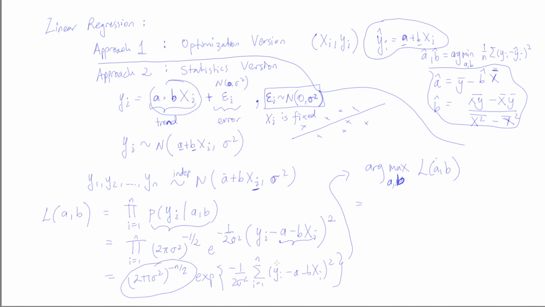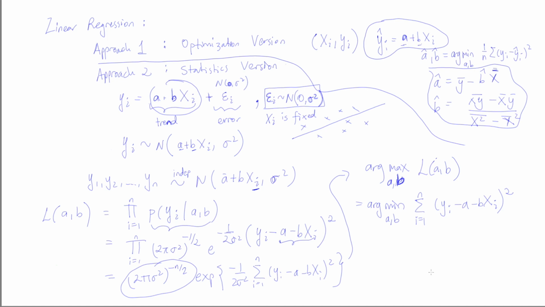This term has a, b inside, and remember the exponent of the negative of this, if we want to maximize that, it's equal to the argmin of the sum of yi minus a minus bxi squared.